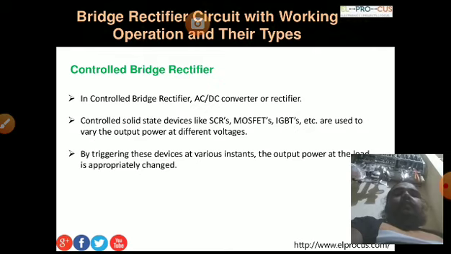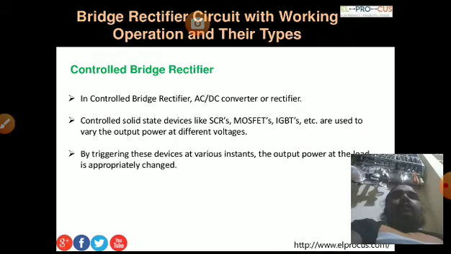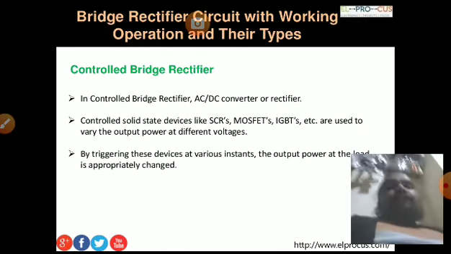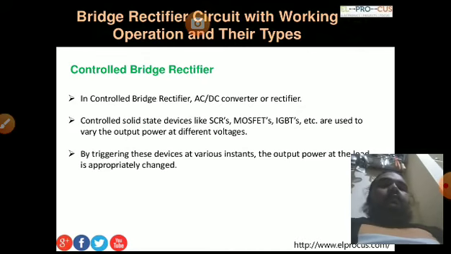Due to the silicon controlled rectifier or PN junction diode, they work in one direction only. Therefore, it is unidirectional, that is rectification.